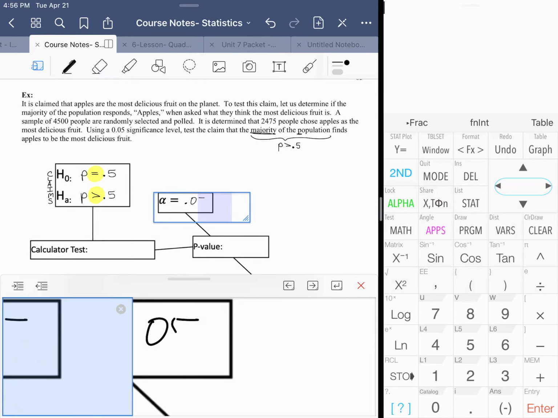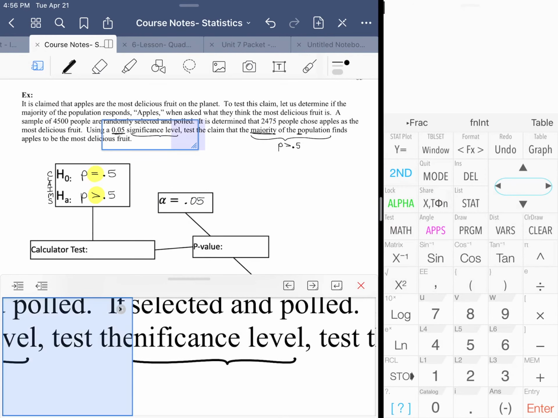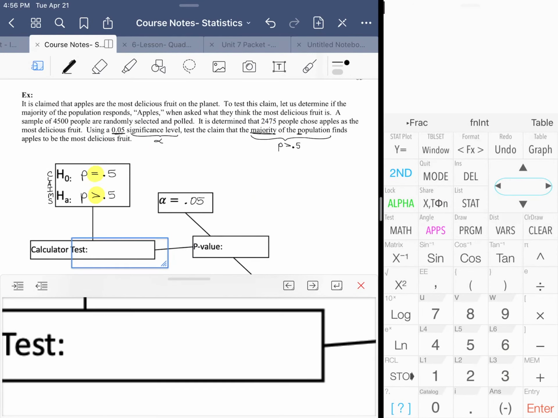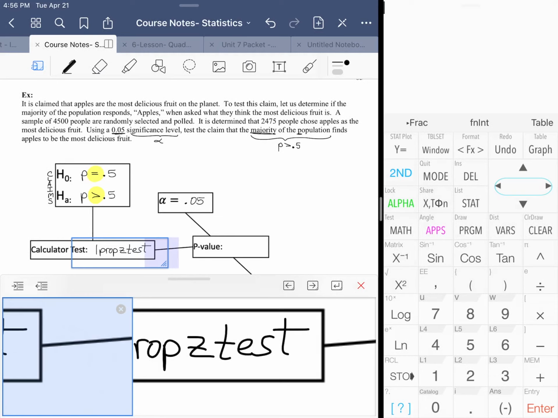So the alpha value is 0.05. That was given. It told us the significance level is 0.05. That's alpha. The calculator test is going to be a one-prop z test. How did you know that?